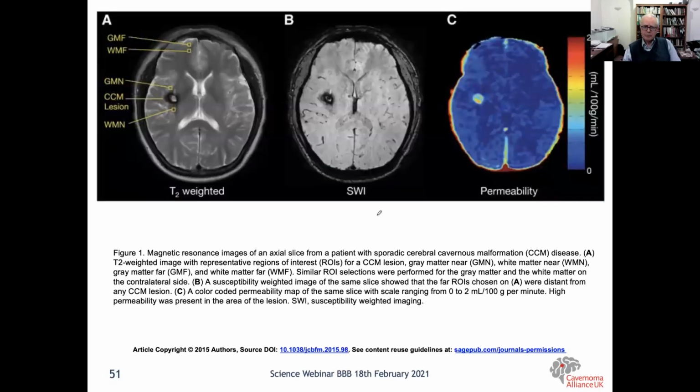Now, you can measure the permeability of cavernoma. Here's a T2 image, here's a SWI image, but here's an image of the same person taken on the same afternoon showing permeability. The permeability image is formed by taking two images of your brain, one a T2 image like this, but then you inject gadolinium and take another image.